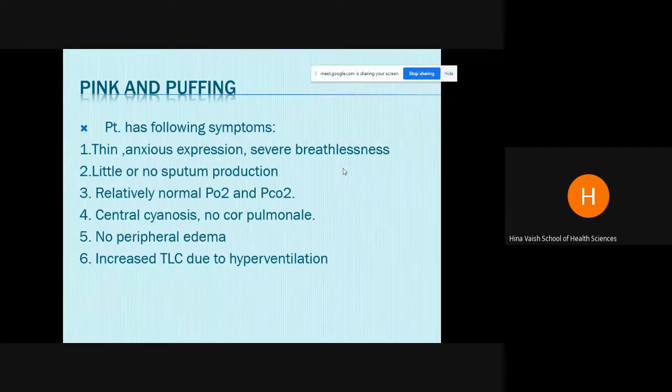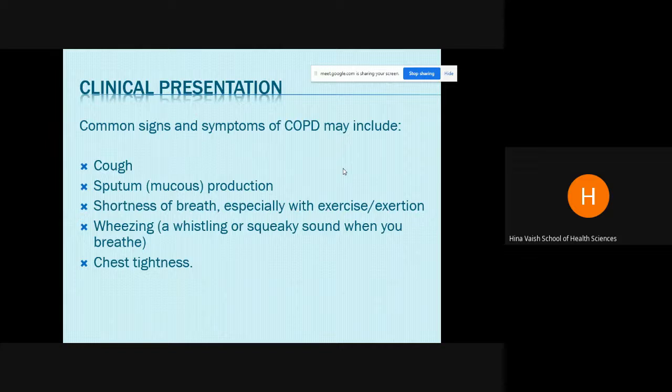They may have central cyanosis, but the chances of development of cor pulmonale are less. Peripheral edema is not seen, and in these patients the total lung capacity is increased, and that happens due to hyperventilation. These patients hyperventilate.